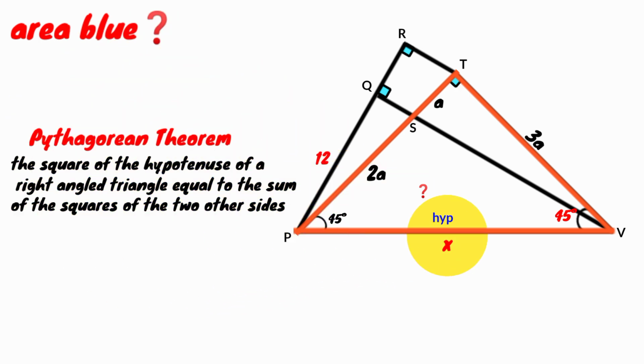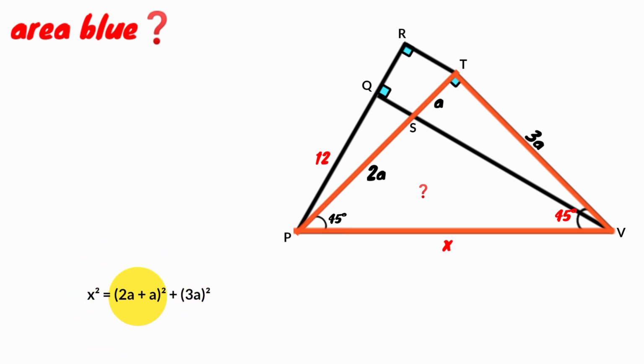So by Pythagoras, x squared equal to 2a plus a all squared plus 3a all squared. 2a plus a is 3a. 3a all squared plus 3a all squared can be written as 2 times 3a all squared. So x squared equal to 2 times 3a all squared.